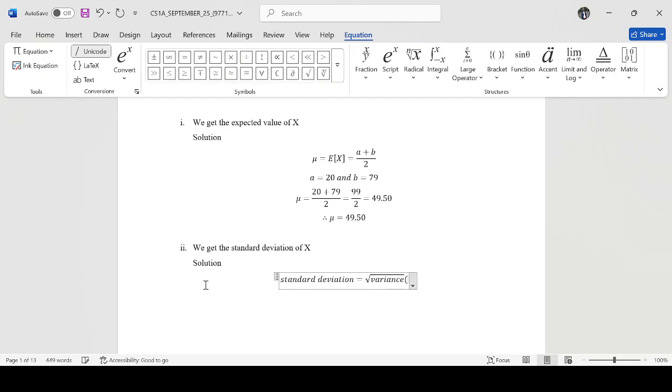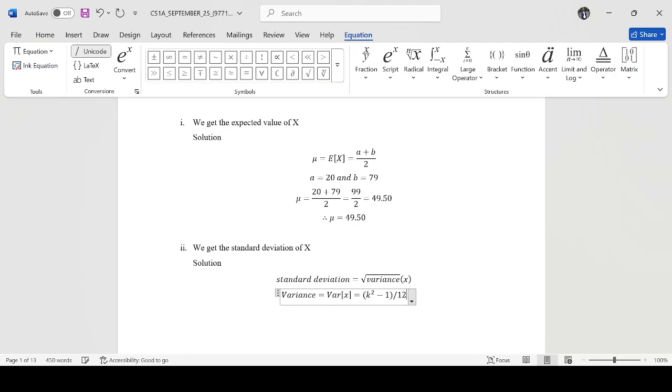The variance of x, which can also be written as var of x, is equal to k squared minus 1, divided by 12.